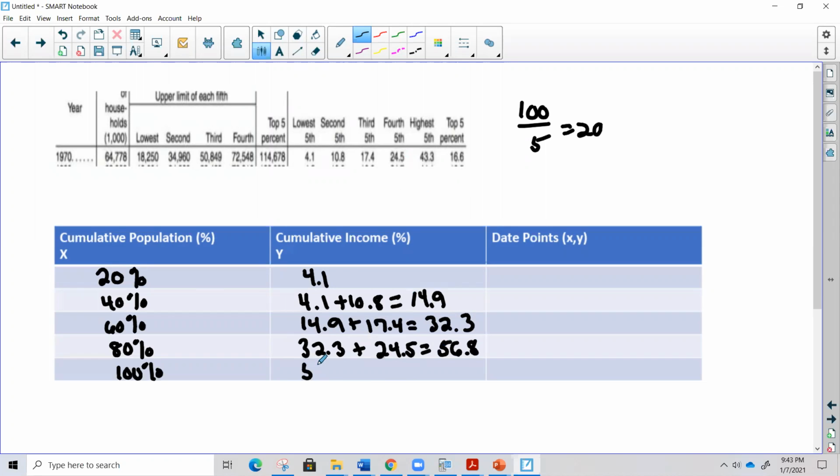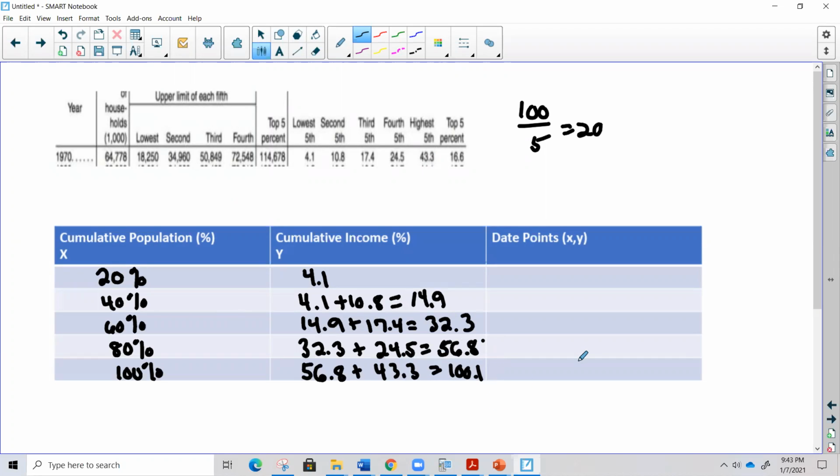And then I'm going to take 56.8% and add the last, highest fifth, which is 43.3, which is 100. It's technically 100.1 just because of rounding percent, but it should be close to 100.